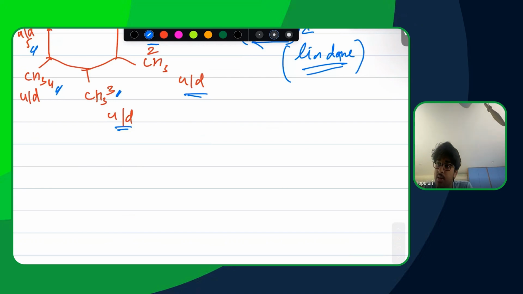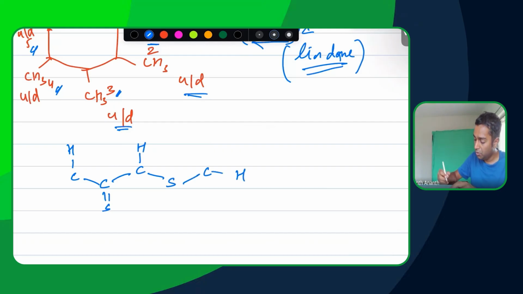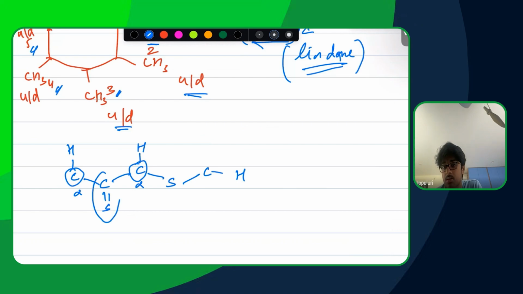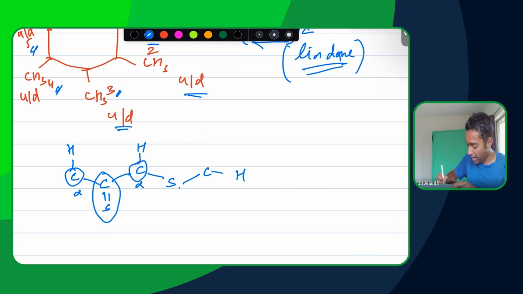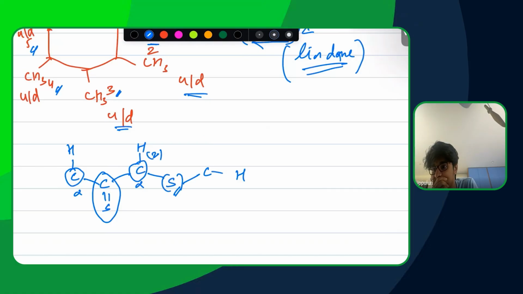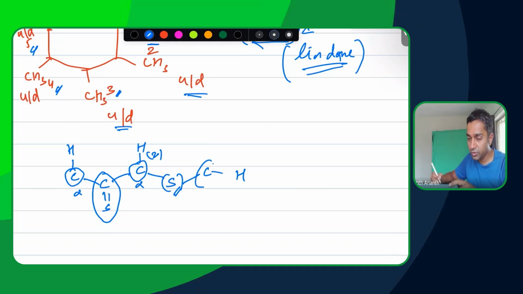It's attached to two withdrawing atoms, both connected to that carbon, through inductive effect. So this location and this location are both alpha, so both are similar. And location number 2 has a sulfur, which is a minus sign. So 2 greater than 1 is acceptable, and 3 is going to be the worst.